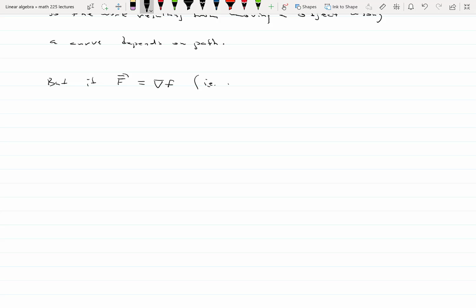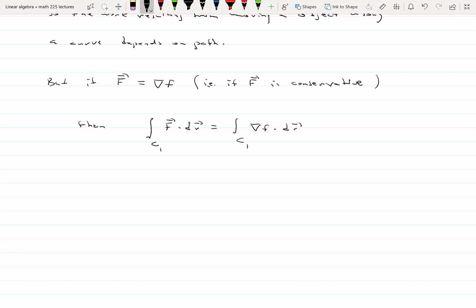That is, if the force field we can consider F is conservative, then the integral along C1 of F dot dr, that's the work required to move the object along C1 under the influence of F, is equal to, well, the force is conservative, so this is the work along C1, or the line integral along C1 of the gradient of f dot dr. That's what it means to be conservative.